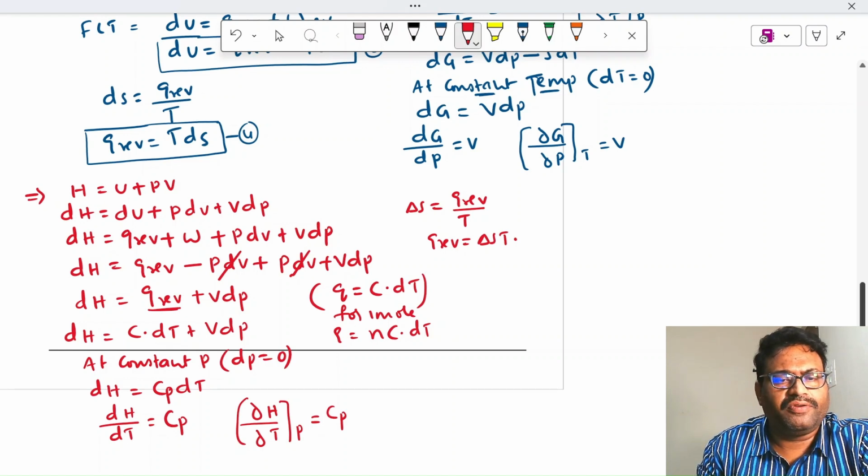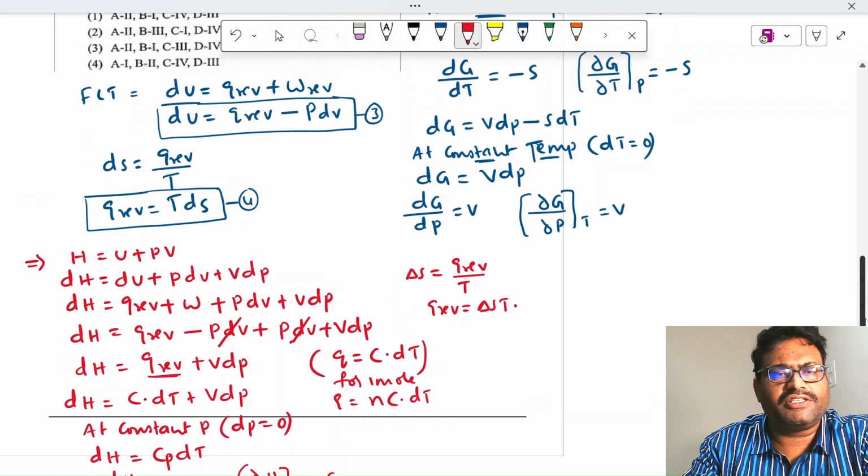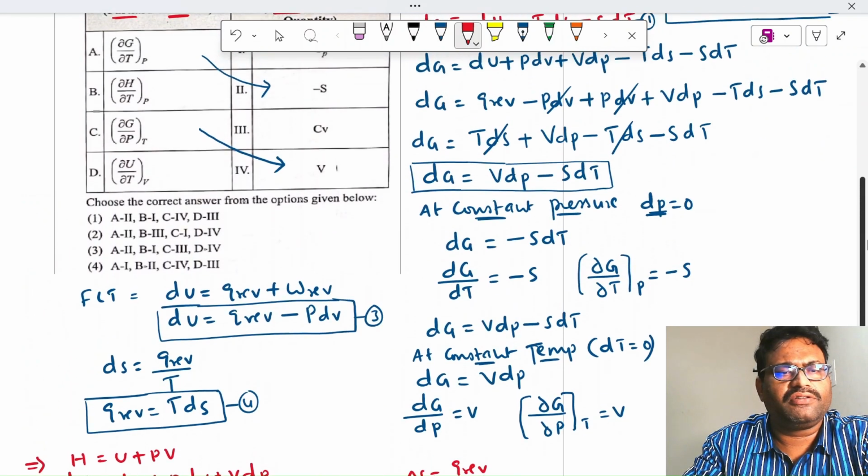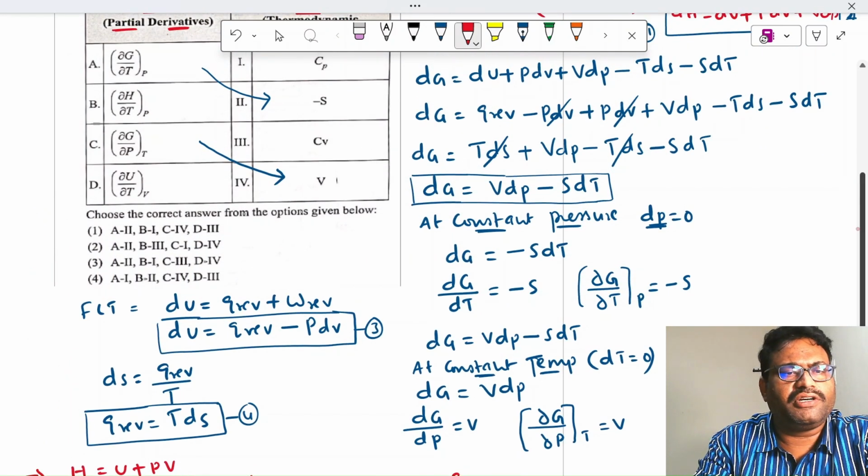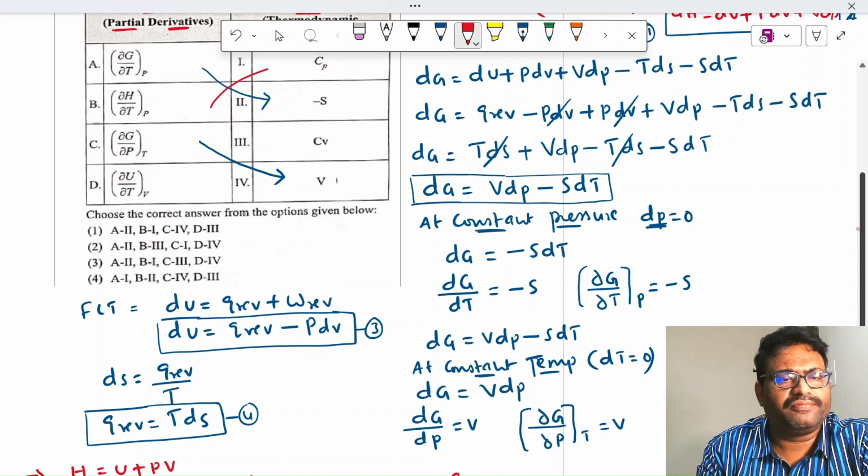Okay. So where is the option? Let us see that. Del H by del T at constant pressure is equal to Cp. So B1, sorry, B1, A2, C5, C4, B1, A2, okay.